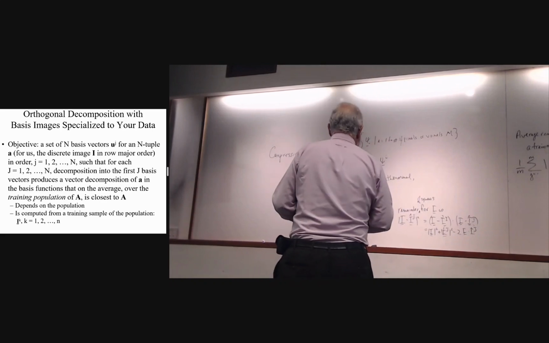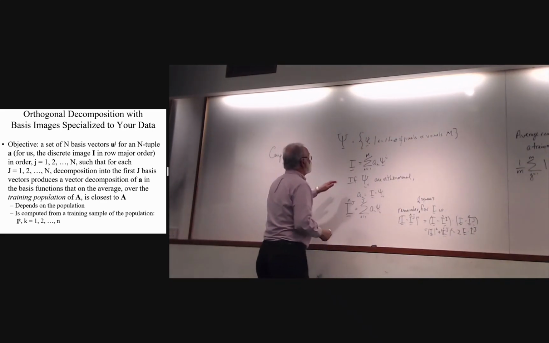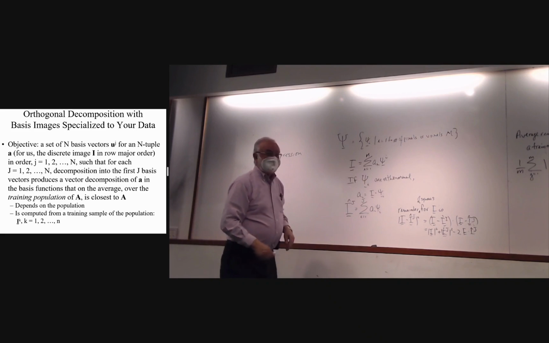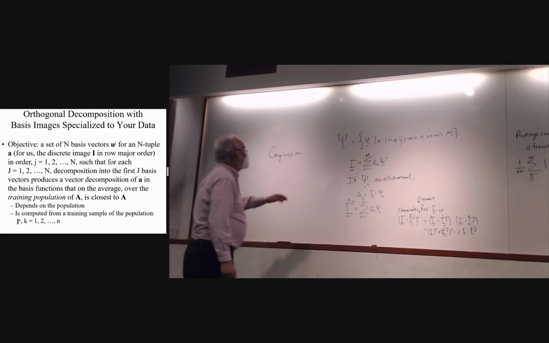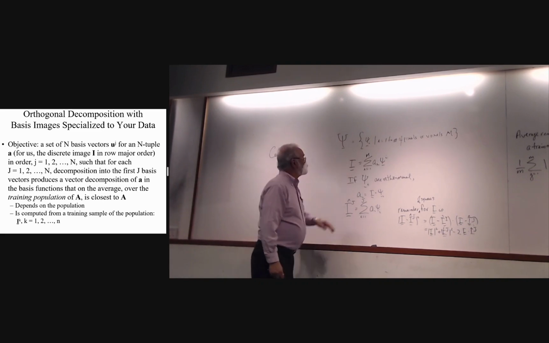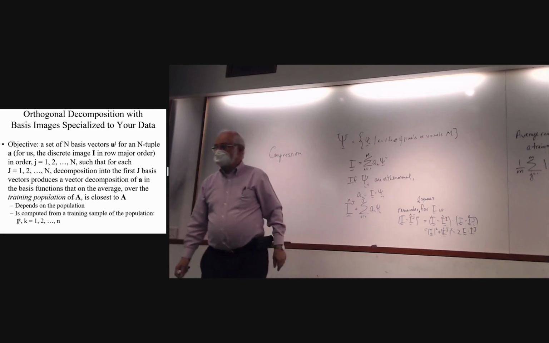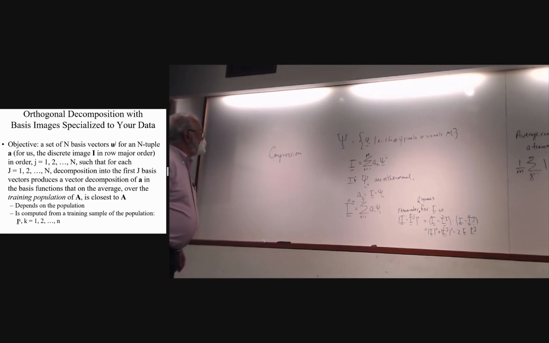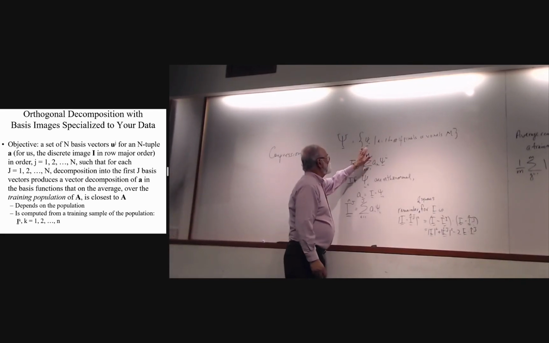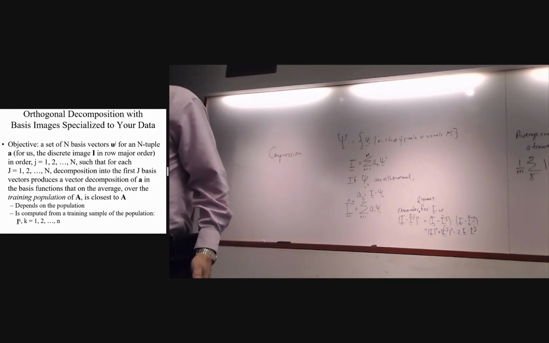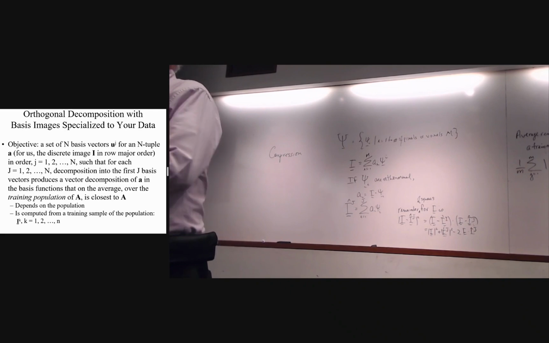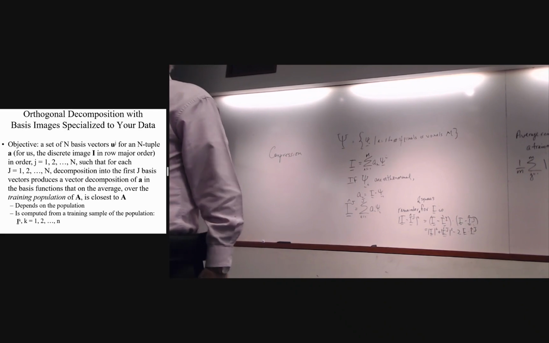Okay, so let's start. Let's assume that we have a set of basis images, capital psi, and it's a set of basis images, and each member of the set is orthonormal.